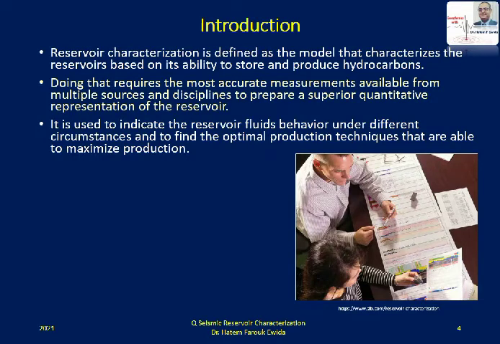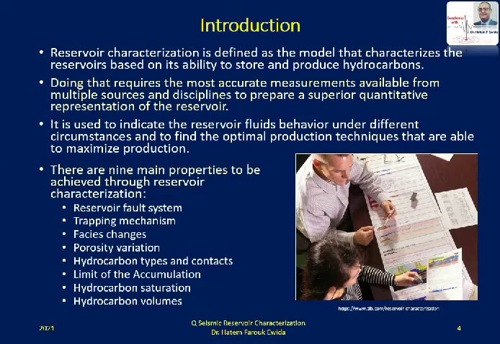There are nine main properties to be achieved through reservoir characterization. Number one is the reservoir fault system, generally the structure of the subsurface, especially the reservoir, and the trapping mechanism: which type of trap do we have, structural, stratigraphic, or a combined trap.